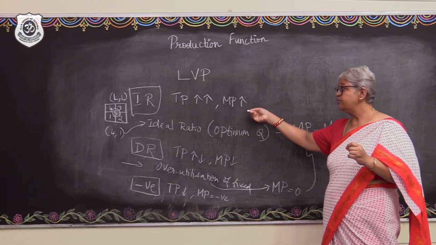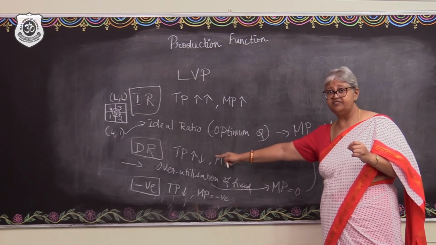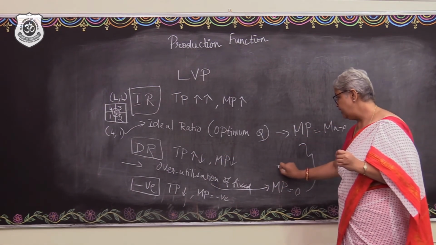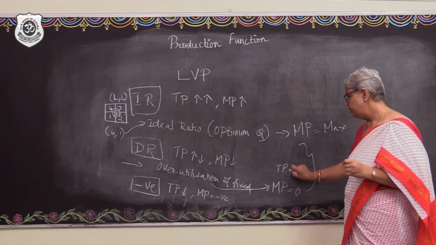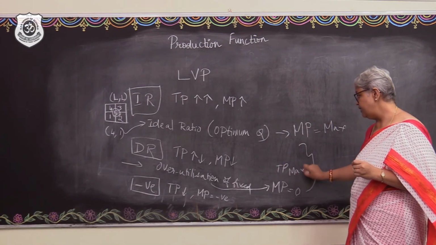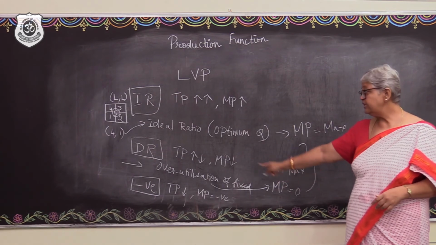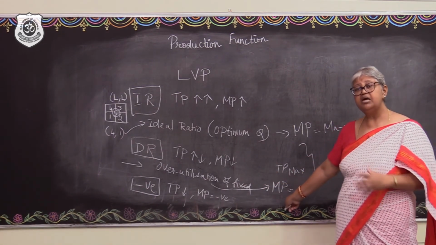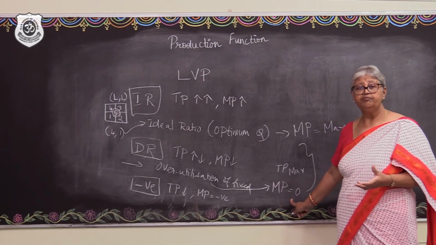Right? So at the end of the decreasing returns phase, the total product is going to become maximum, wherein the marginal product will be 0. Right?